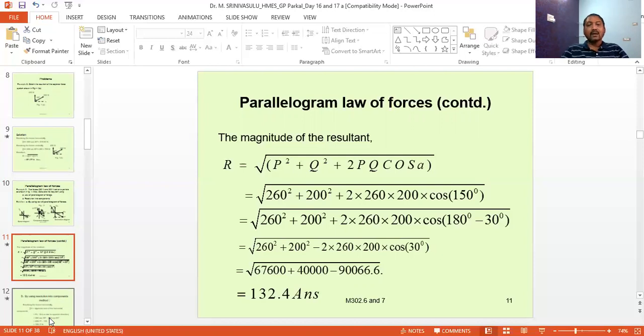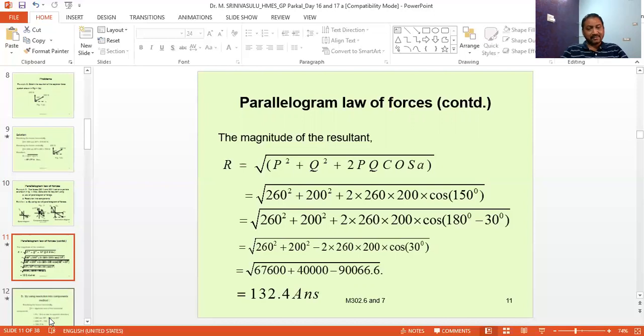So substituting these values, it becomes square root of 260 whole square plus 200 whole square plus 2 into 260 into 200 into cos 150, because 150 is the included angle between the two forces, and we know that cos 150 can be written as cos of 180 minus 30, so this becomes minus cos 30.